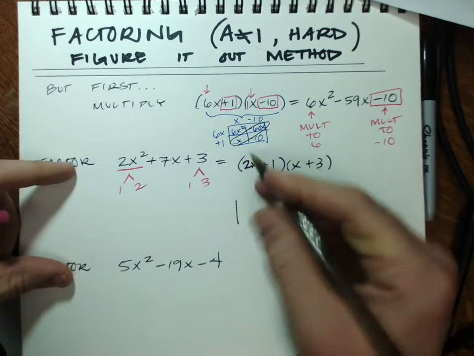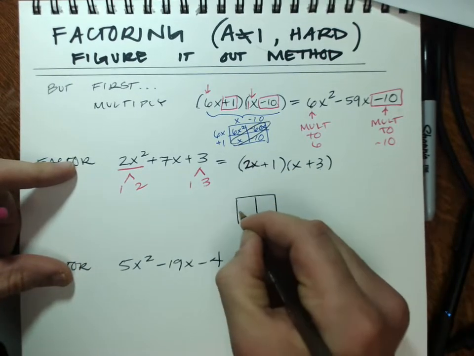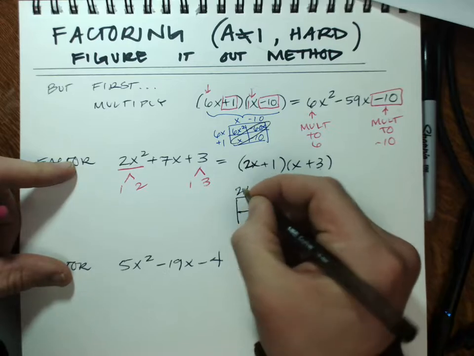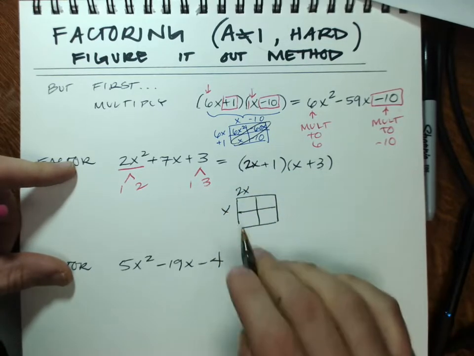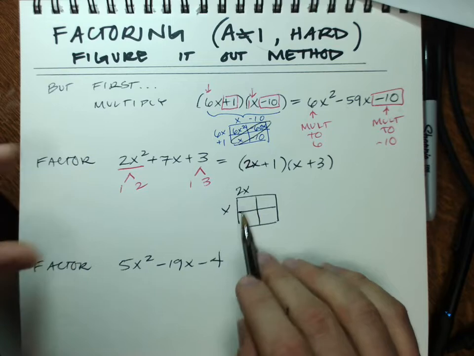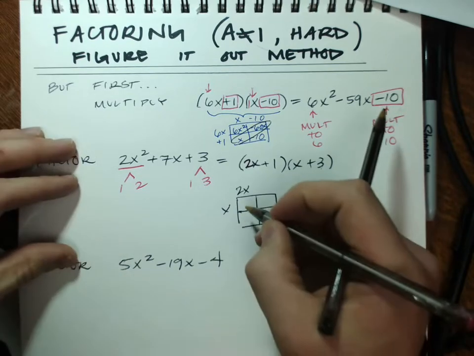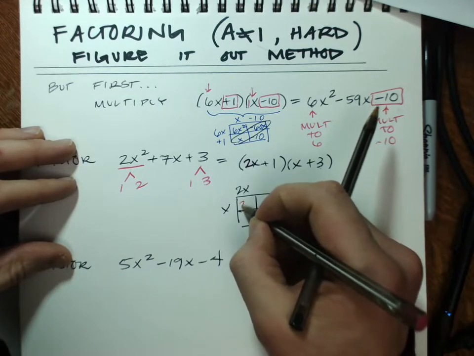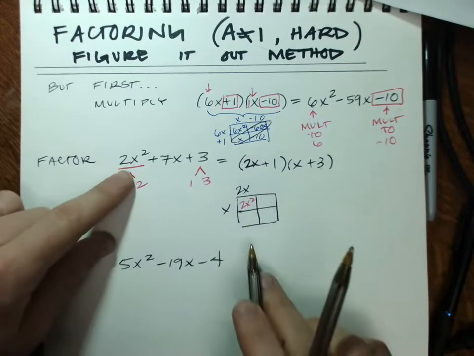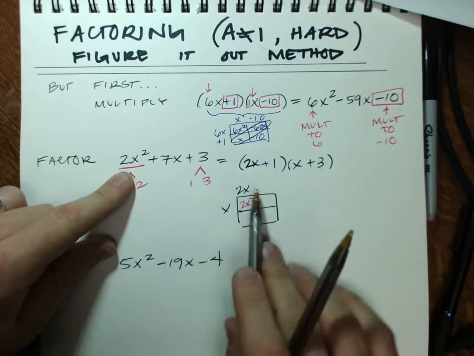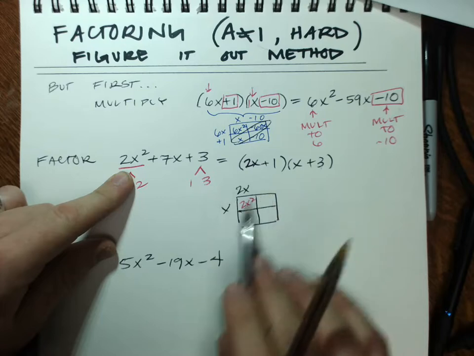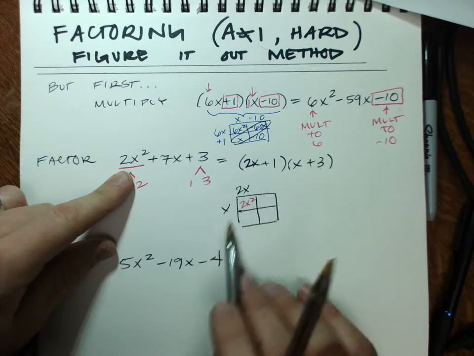And what I'm thinking about when I'm considering my options here is, if you have 2x and x, and this is what I'm visualizing as I problem solve this, that is 2x squared. Okay, that's it. And then I knew that the other numbers here were 1 and 3, but I wasn't sure which one went where.